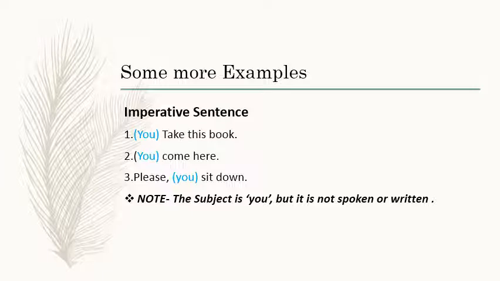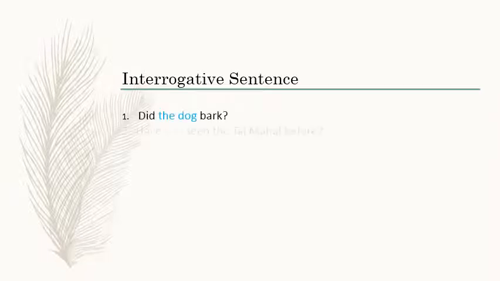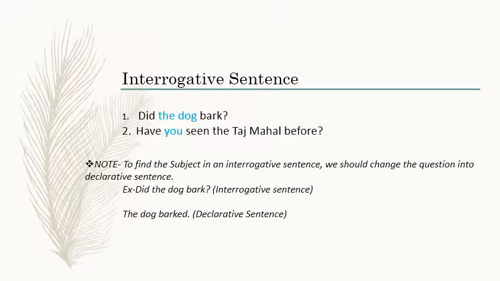Now let's see some more examples of an interrogative sentence. In sentence 1, did the dog bark? As we have just read, in an interrogative sentence, the subject comes right after the verb. So here did is the verb and the subject we have is the dog.